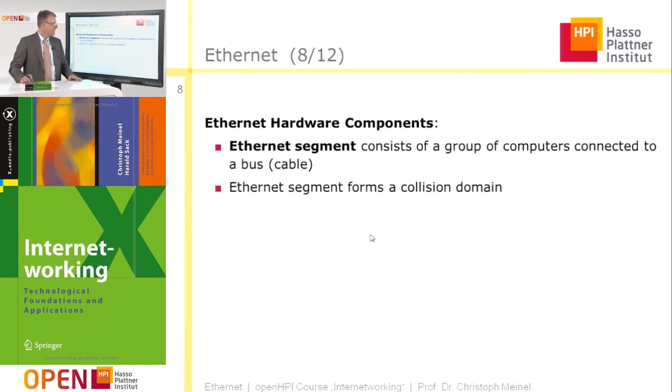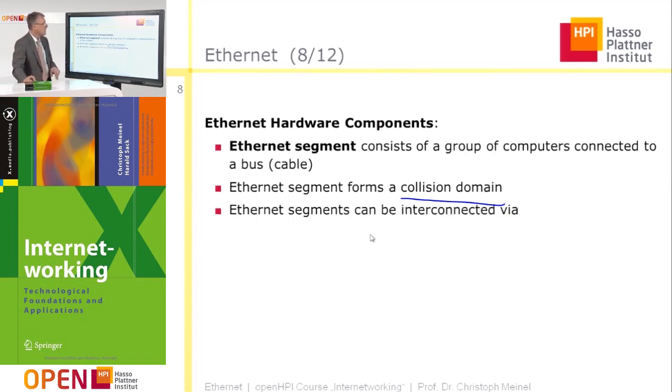Each bus, like I showed in the last slide, forms a so-called collision domain. This is the area where packets are broadcast, where all the connected computers at the same moment get the same data package. This is called a collision domain.